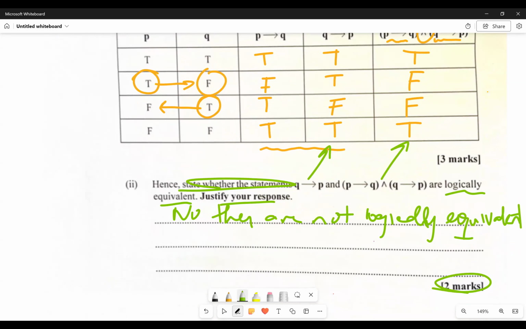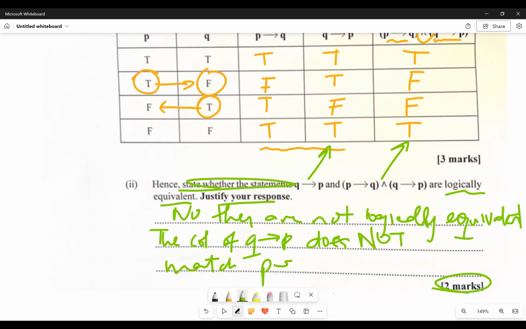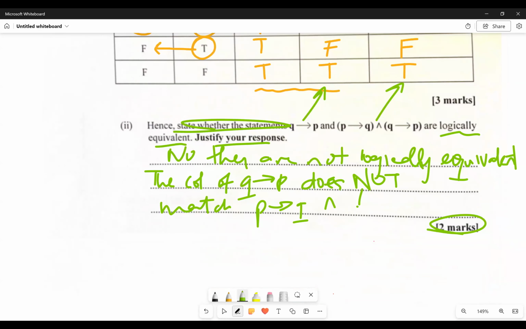So you just have to tell them that the column of Q implies P does not match P implies Q and Q implies P. Once I said that, the first mark is you telling them no, it's not logical equivalence, and the second mark is you explaining your answer.